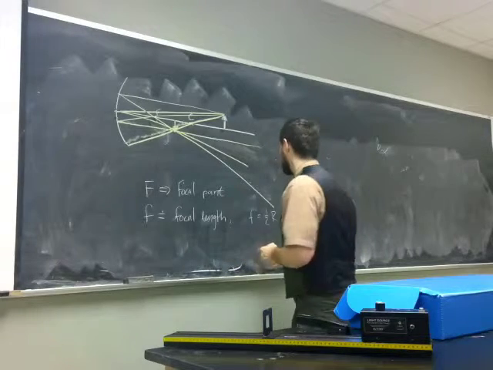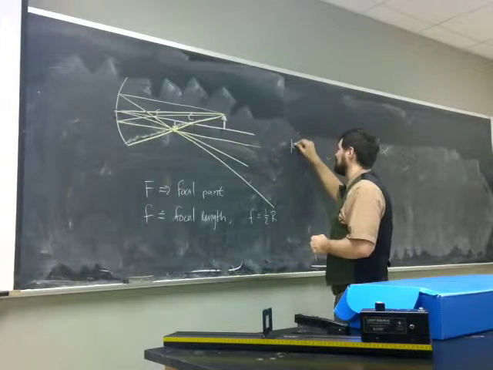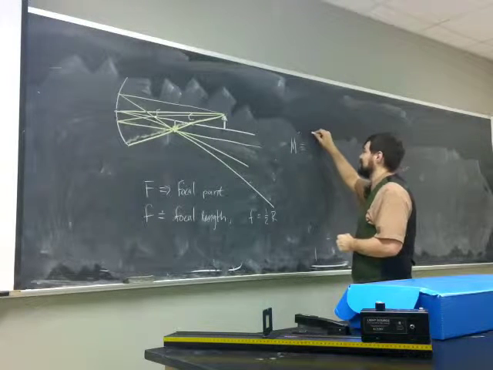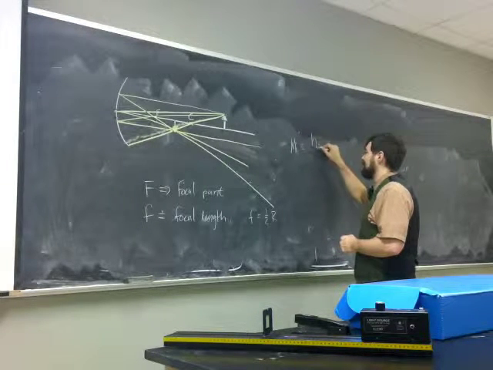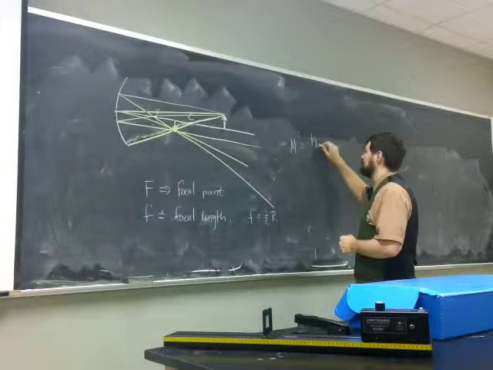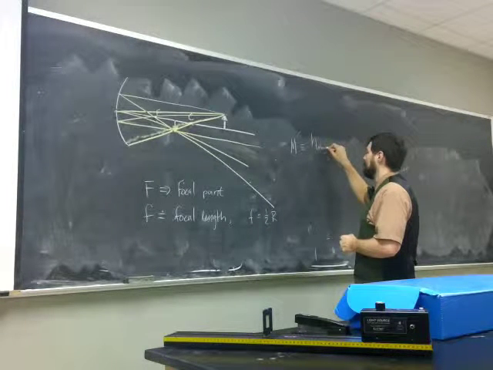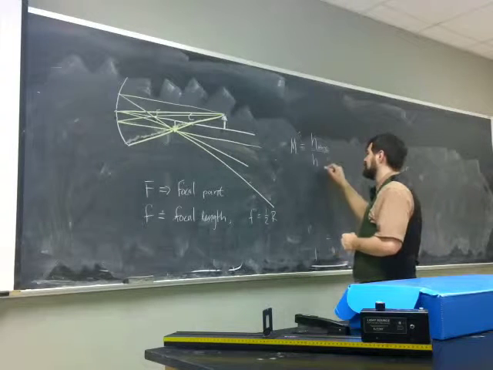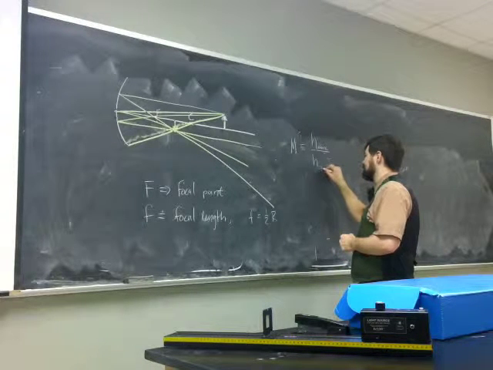In this case, it's actually called lateral magnification. The definition is that it's the ratio of the height of the image, the size of the image, to the height or size of the object.